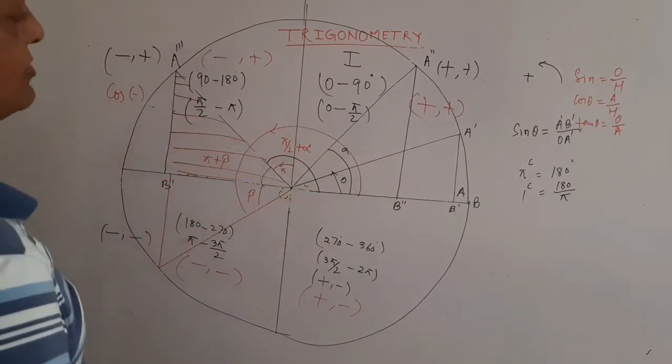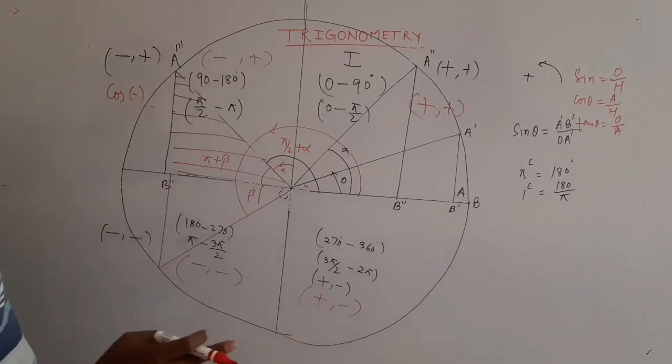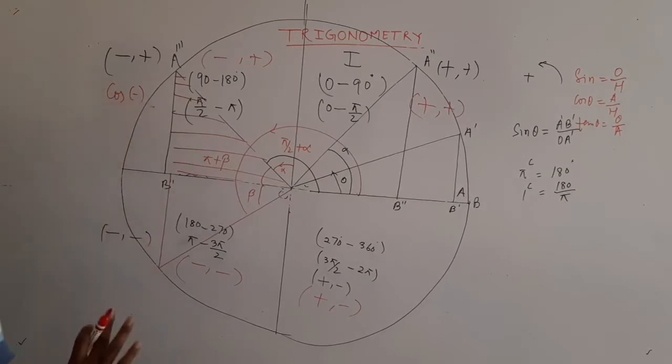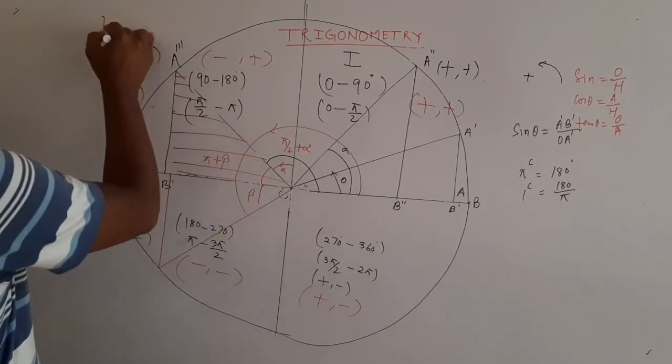It means the cosine is going to be the ratio of two sides where one is negative and the other is positive. And tan theta is also sine theta over cos theta.